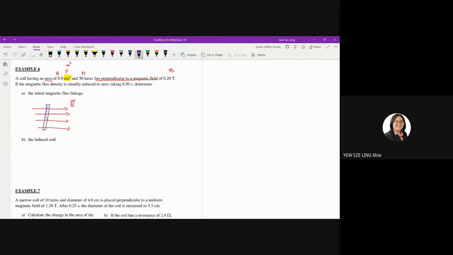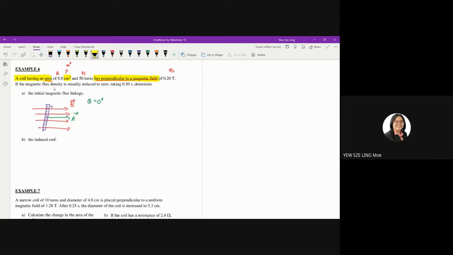The coil itself is perpendicular to the field, meaning that the vector area is parallel in this case. So what we have right here is theta equal to 0 degree, according to the information given, according to the statement: the coil having an area that lies perpendicular to the magnetic field.